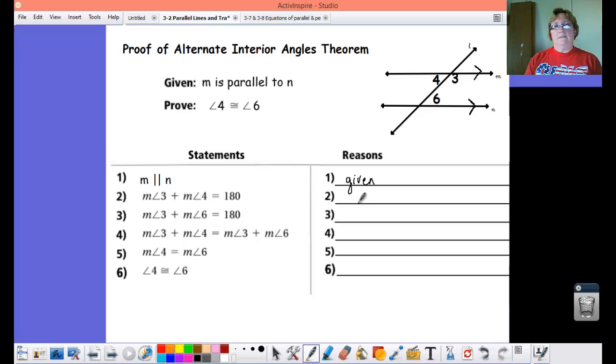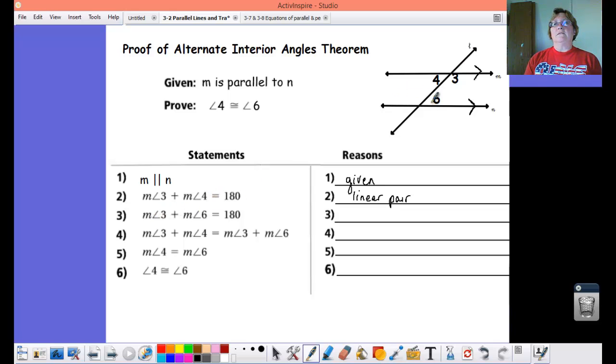Why is that? What kind of angle pair are angles 3 and 4? And I hope that you're leaning in this direction. That's a linear pair. Okay? They are adjacent angles. They share a vertex and a side, and their outside edge makes a straight line.